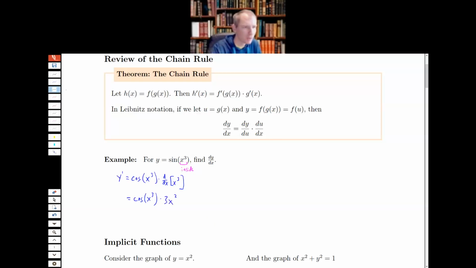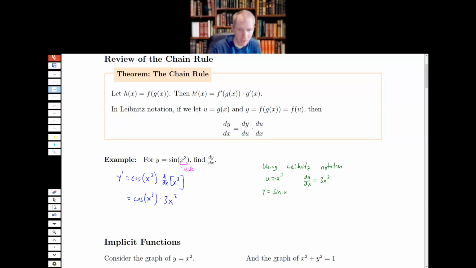The way to do this same problem using Leibniz notation: the inside function is x cubed, so I could write u equals x cubed, and my outside function y is sine of that stuff, so y is sine of u. Then if I differentiate, du dx, the derivative of x cubed, is 3x squared.